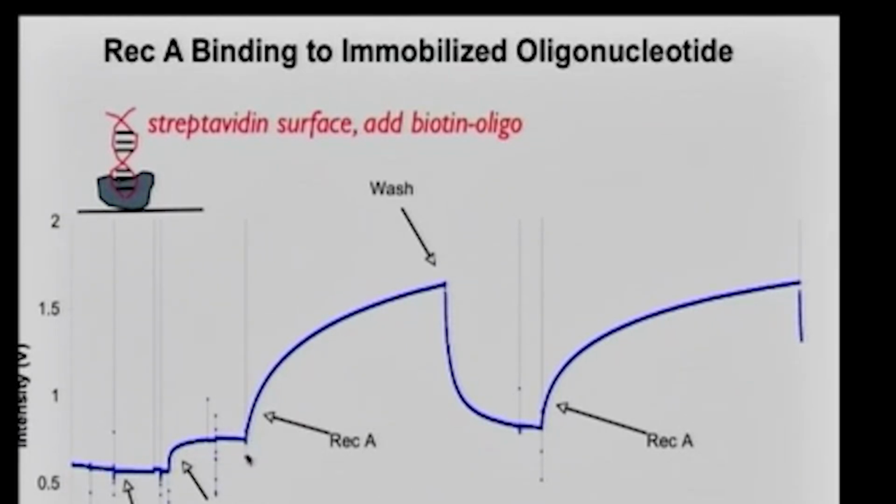When you introduce RecA at this point, you get a big increase in signal. And then we want to unbind RecA, so we introduce just the buffer to flush out the RecA, and the signal goes down. That's because the interaction between RecA and DNA is a lot weaker than antibody-antigen interaction. And you can repeat the experiment, etc.